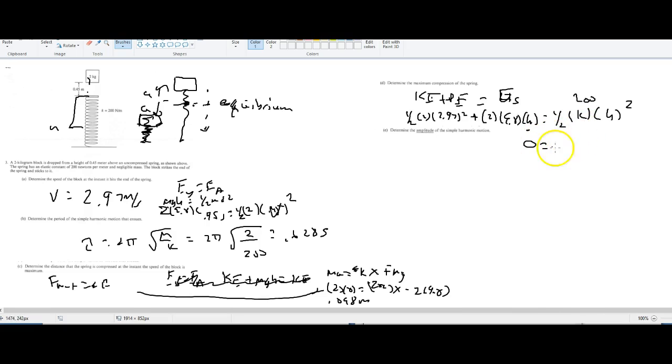So I've got 0 equals, how do we solve a quadratic equation? We move everything to one side. Minus 19.6h minus 2.97 squared. Where's my pen? 8.82.